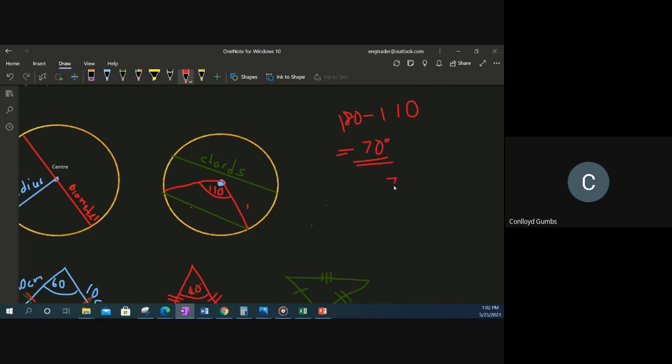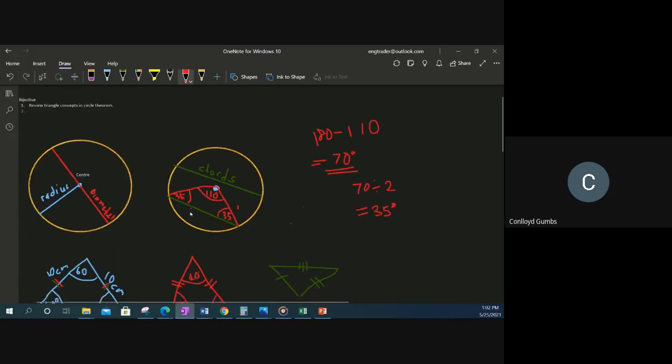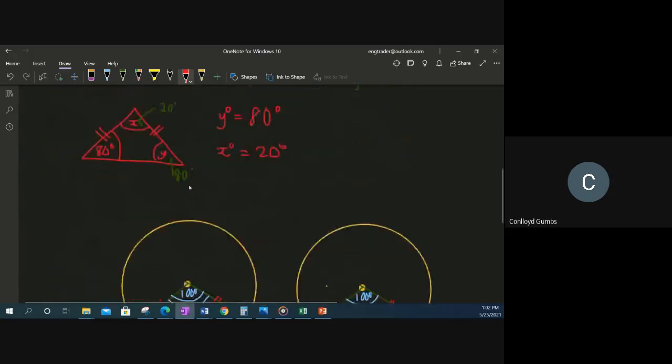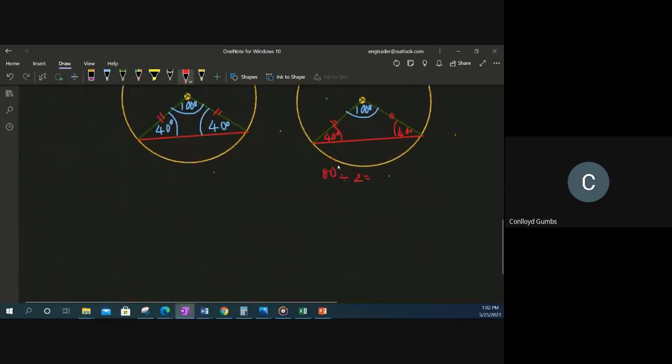Now, if I divide 70 degrees by 2, that equals 35 degrees. This would be 35. This here would be 35 as well. Okay, so that's how you have to look at that, right?